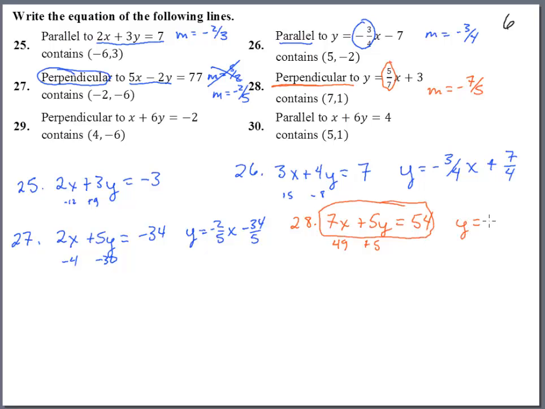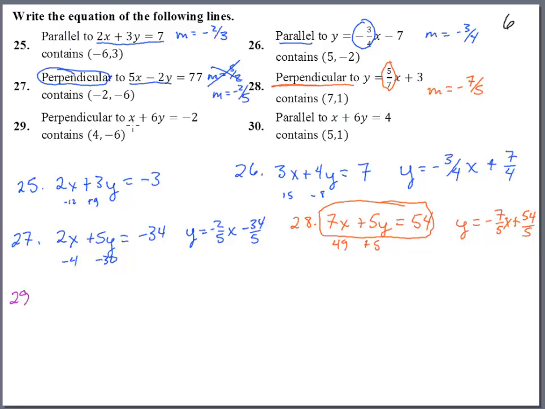Slope-intercept would be y equals negative 7/5 x, and then the y-intercept would be, when x is 0, 54/5. Okay, number 29.